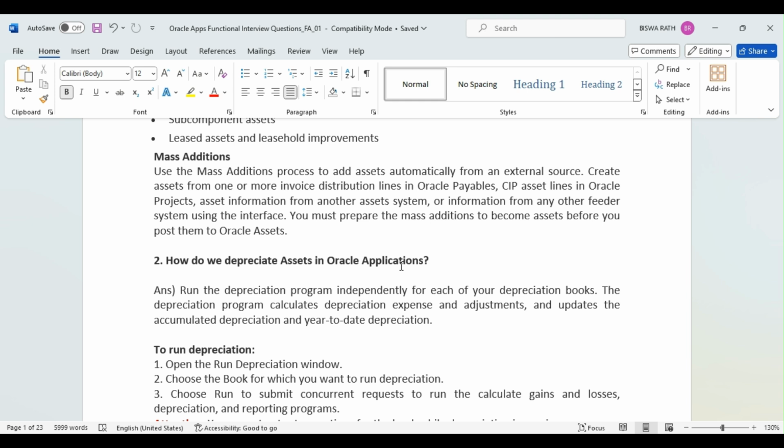Fill in those informations, and you can add those information and load it to the Oracle system from any kind of a third party you are having. So this is how you can do the mass addition through various sources. The data will be coming into the Oracle asset module. Okay.